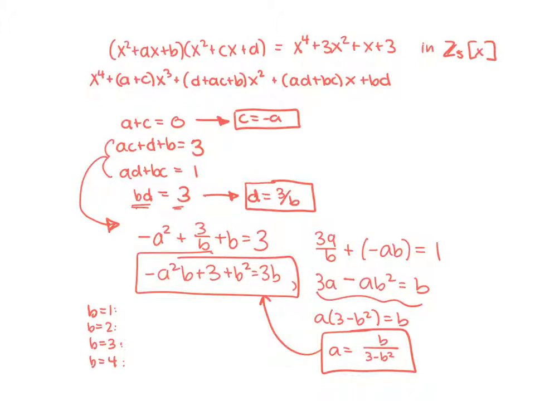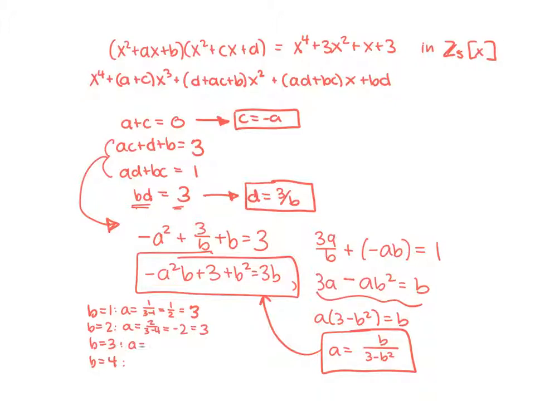So first, if B is 1, A is 1 over 3 minus 1, 1/2. Now the inverse of 2 in Z5 is 3. So now if B is 2, A is 2 over 3 minus 4, so that's negative 2, which is 3.